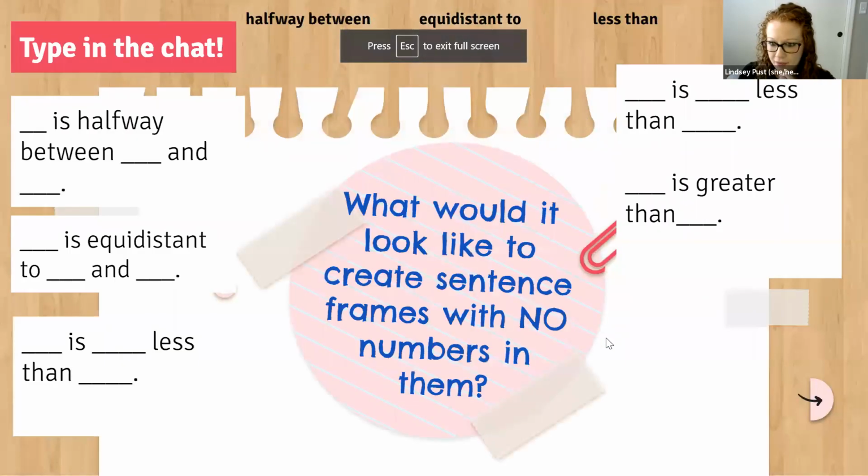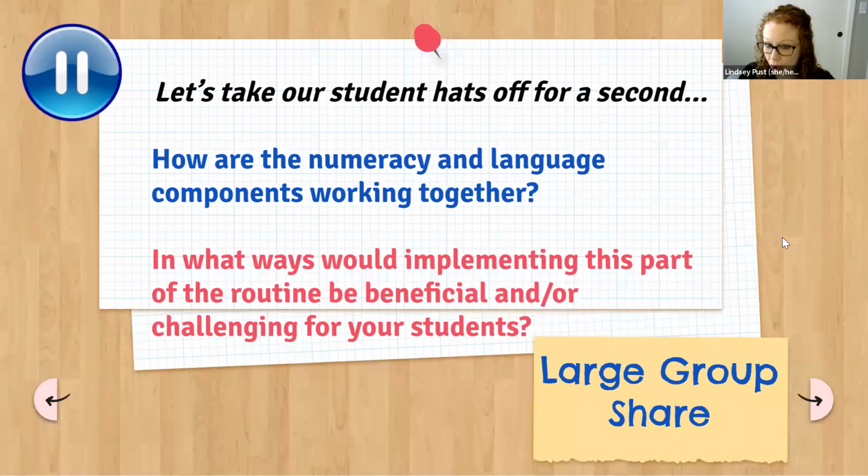So we will come back to that, but I want to have us pause, take our student hat off for just a second, and as you're thinking about one or both of these questions, if you have a comment on them, please put them in the chat. Like, how are the numeracy language and language components working together?